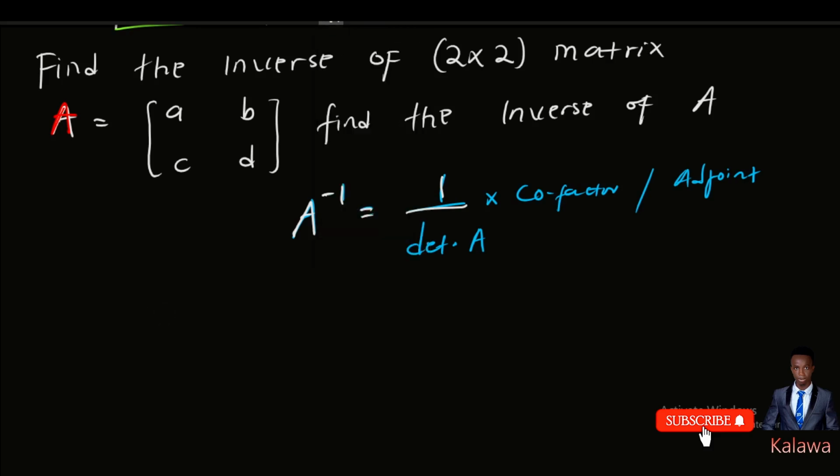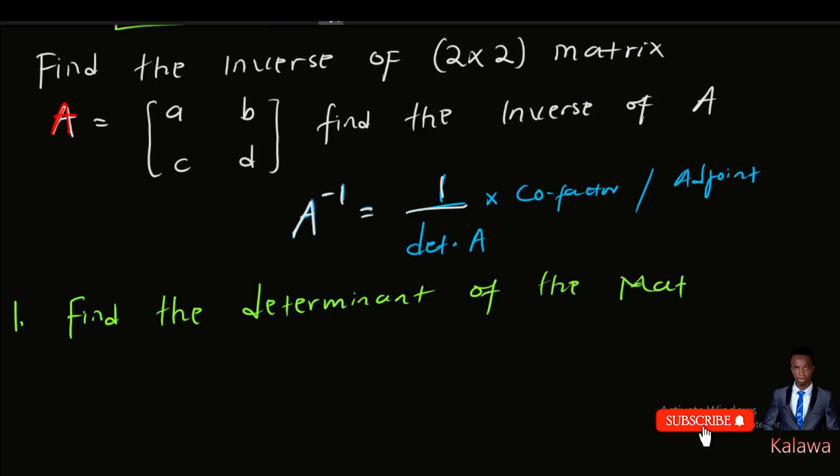The first rule or first step, we find the determinant of the matrix.